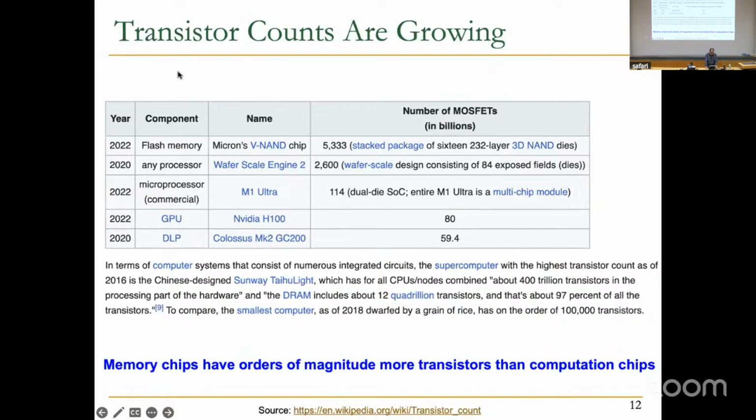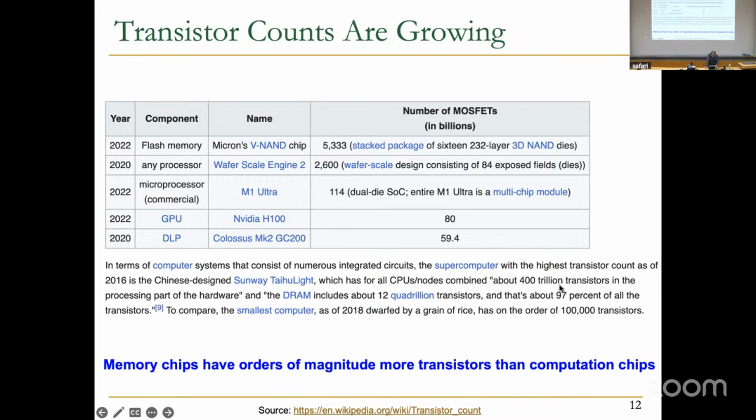We also checked what Wikipedia says about it, and as expected, memories actually have way more transistors. Flash memory in 2022 has 5.3 trillion transistors, while, for example, GPUs in 2022 had 80 billion transistors.